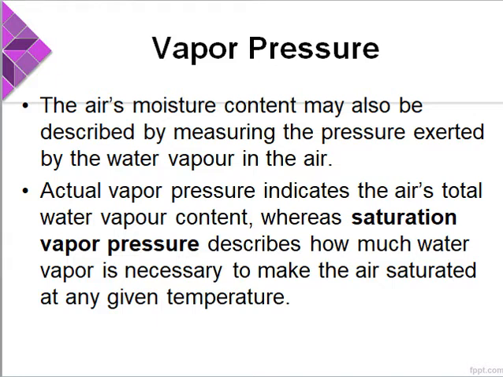So this phenomenon is known as Dalton's law of partial pressure. It is evident then that because the number of water vapor molecules in any volume of air is small compared to the total number of air molecules in the volume, the actual vapor pressure is normally a small fraction of the total air pressure.